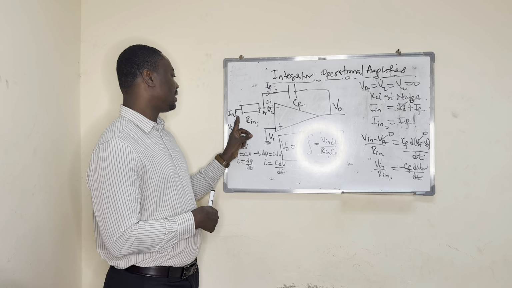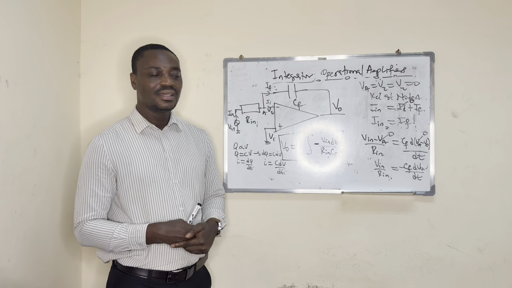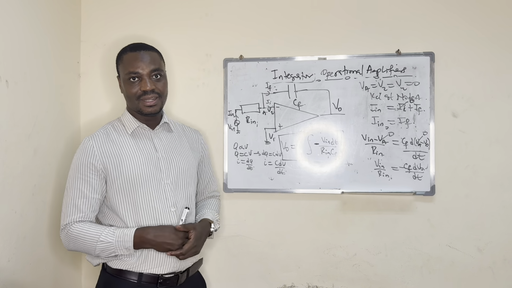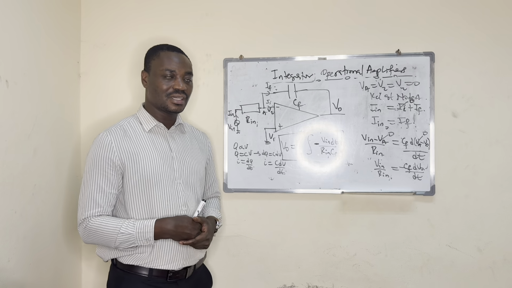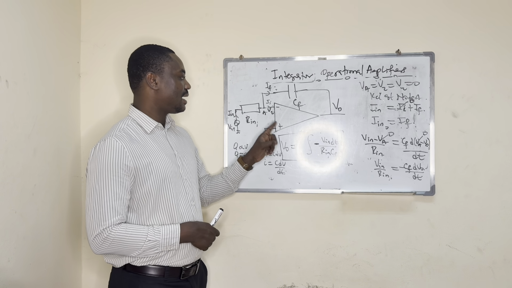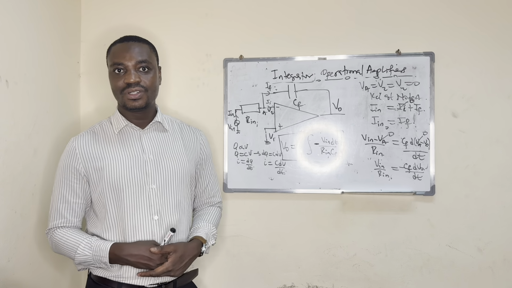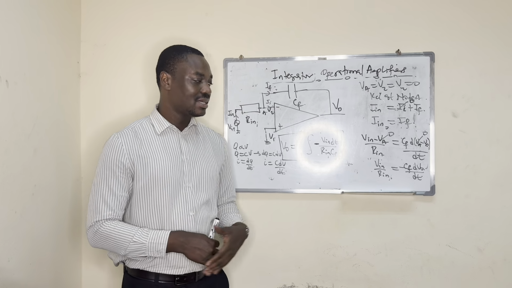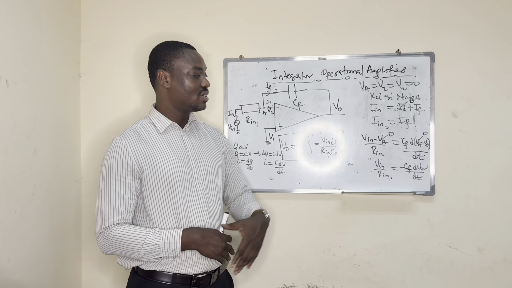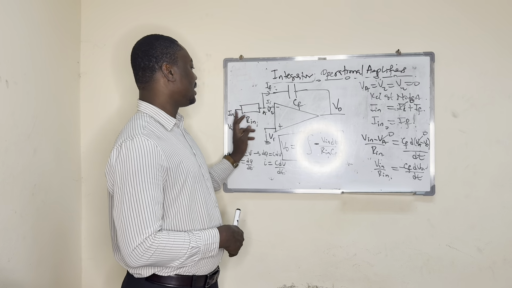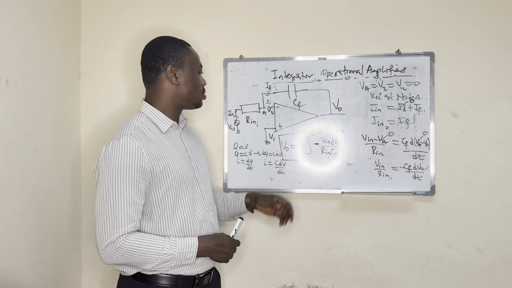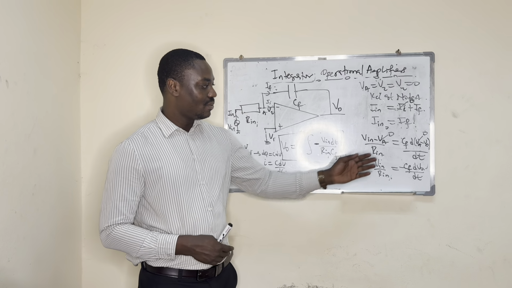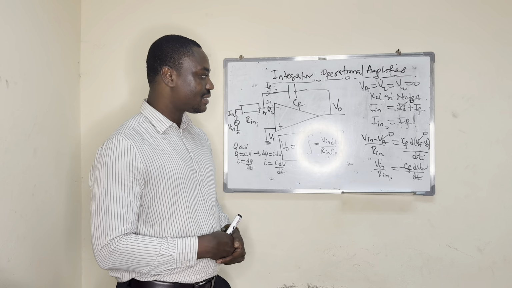Iin is originating from Vin, so Vin is the higher potential. Then the current arrives at node A, so the voltage at node A becomes the low potential. We take that potential difference, Vin minus VA, all over the resistor between the two voltages, that is Rin.